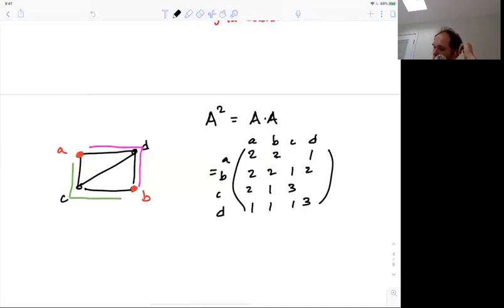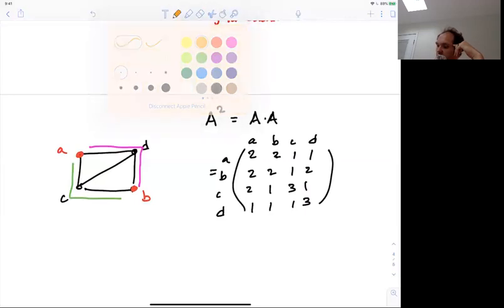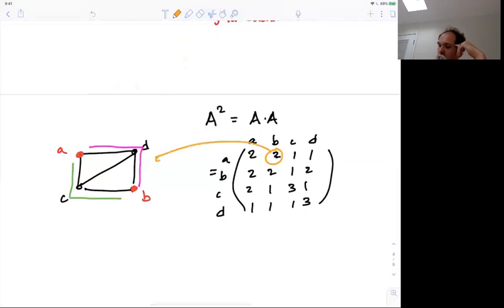So that should be what we get. You'll notice that the AB entry is 2. That signifies those 2 ways of doing that. And this extrapolates to any dimension.